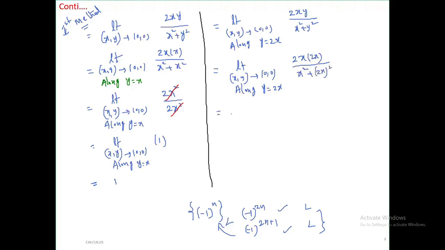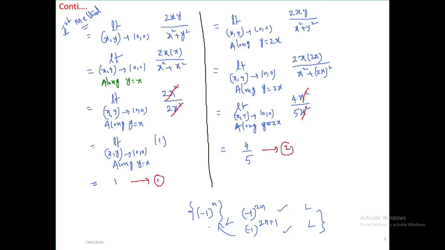And this will be limit x comma y reaching to origin along y is equal to 2x, so 4x square divided by, and this 4x square plus x square is 5x square, isn't it? Now these two will be cancelled out. So if you apply the limit directly, the answer is 4 by 5. Look at this, we are getting two different limits. So this is 1, and this is 2.